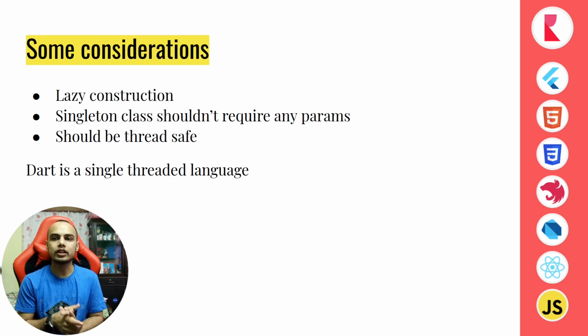There are some considerations while creating a singleton. The first is lazy construction. So what is lazy construction? You only instantiate the class whenever it is required for the first time. When somebody calls the class instance for the very first time, only then we should consider creating the instance.